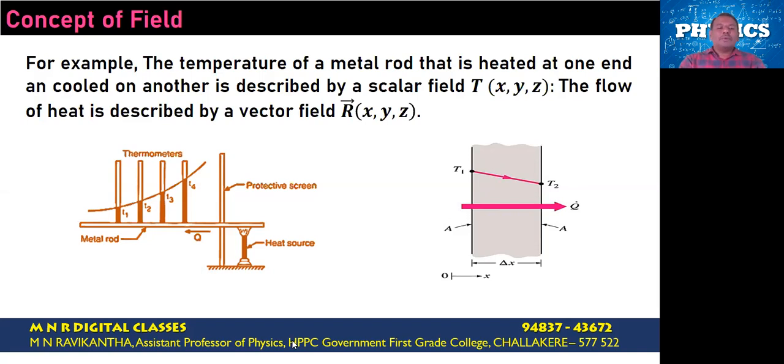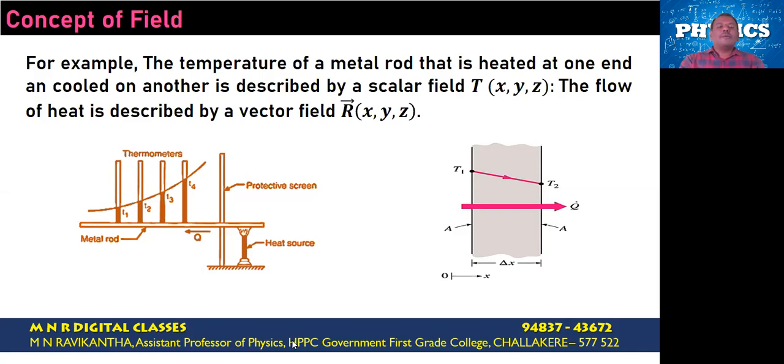So at each point, the temperature is different. If we go on marking different points along the length of the rod, each point represents a point function having only magnitude, that is, it represents the scalar field, the temperature field.